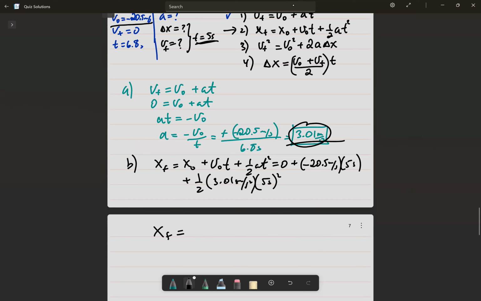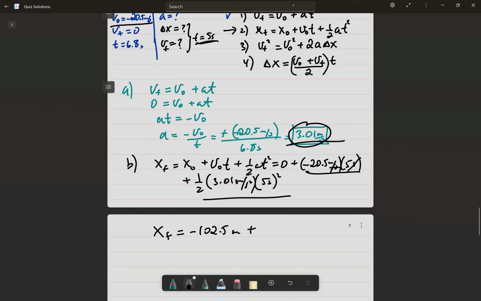So x final will be, calculating the first term, negative 102.5 meters. Seconds cancel out and you have meters.